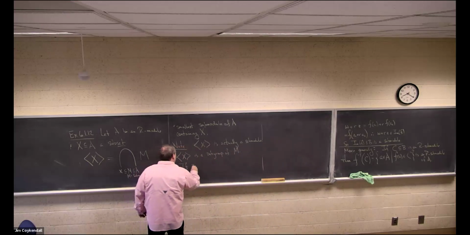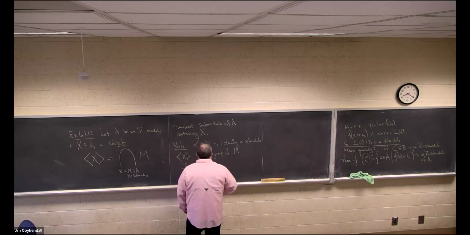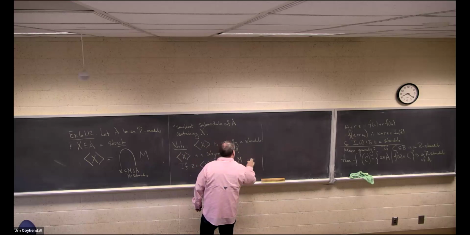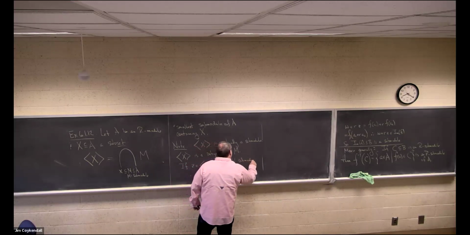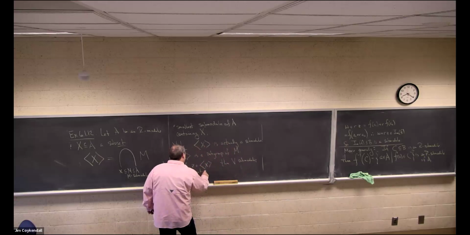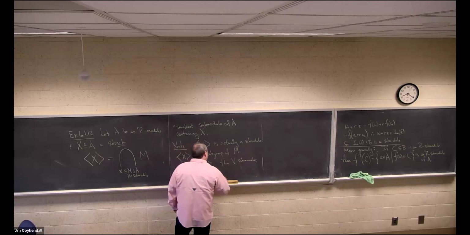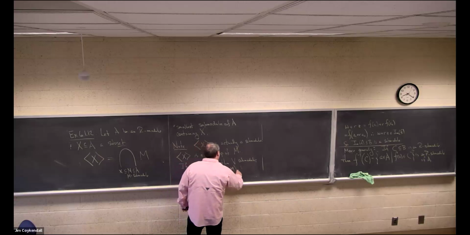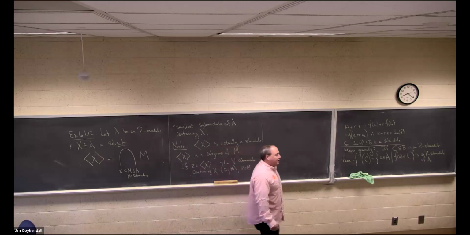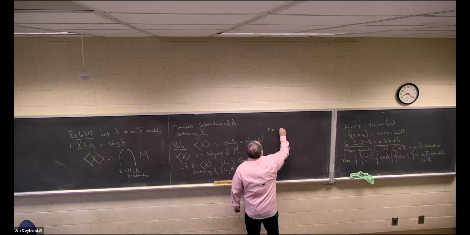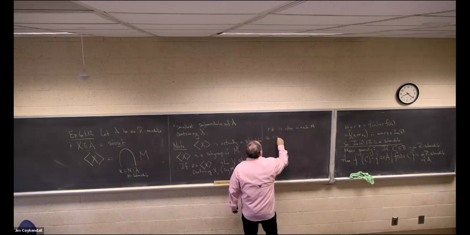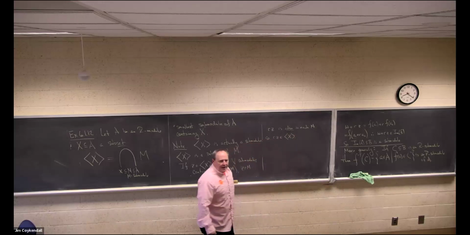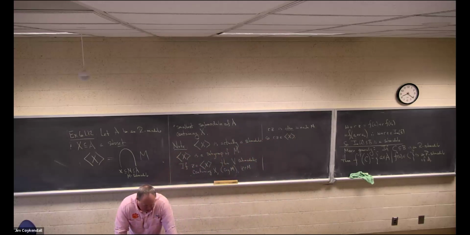So if, let's say, z is in the intersection, then z is in M for all submodules M containing X. Well, if you look at rz, it is also in each M, so rz is in the intersection. So this actually is a submodule of M.